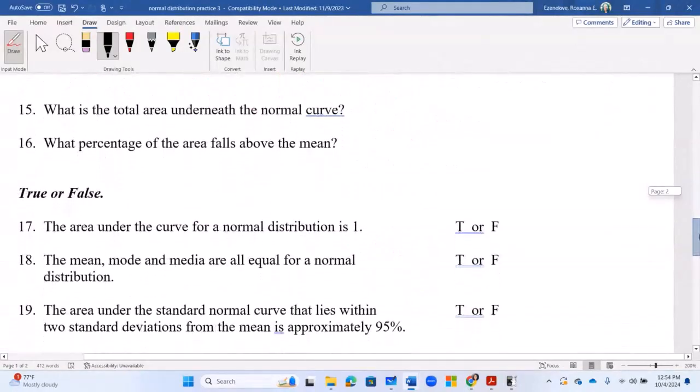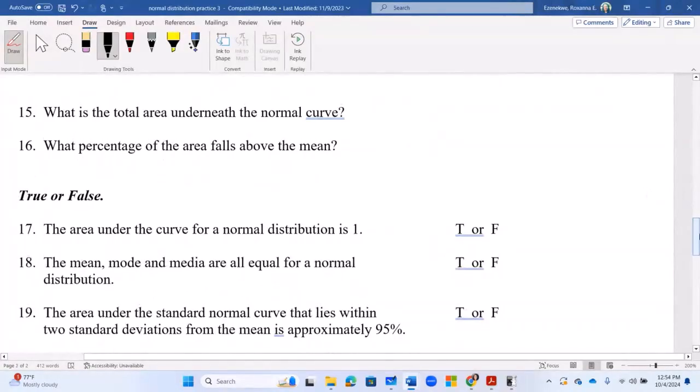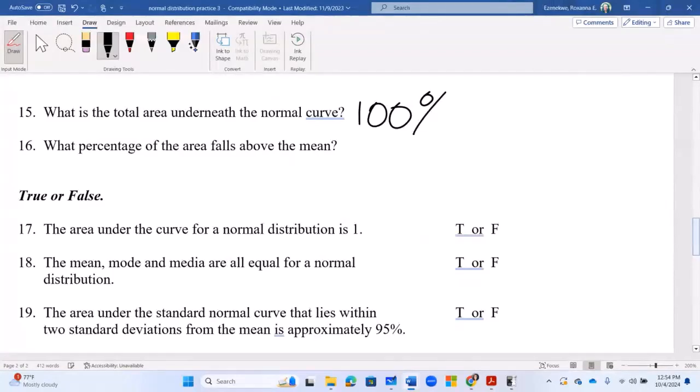All right, so number 15, what is the total area underneath the normal curve? We already said that, but it's good we say it again. The total area under the normal curve is 100%, or 1. What percentage of the area falls above the mean?